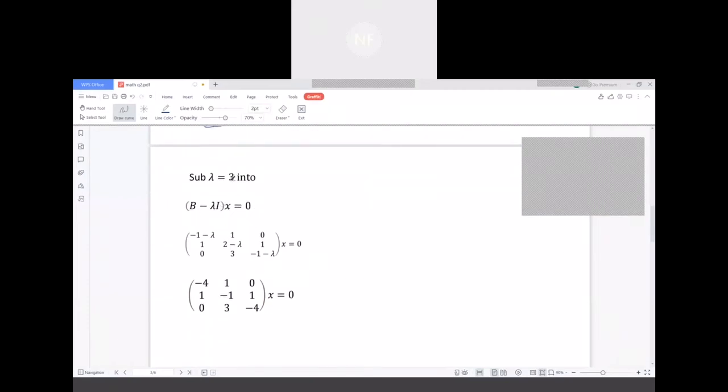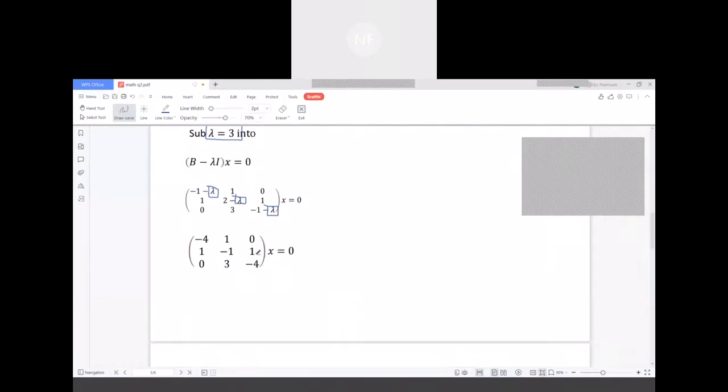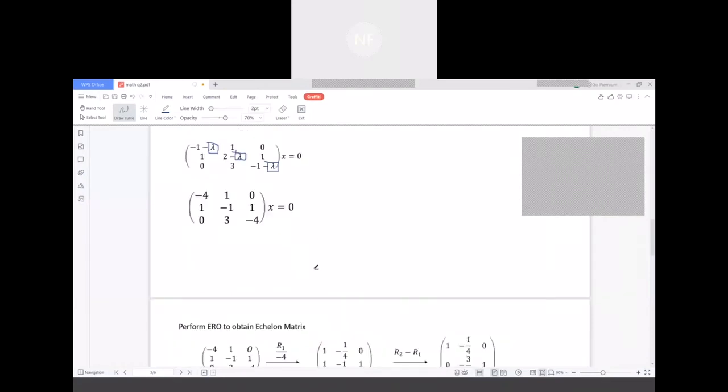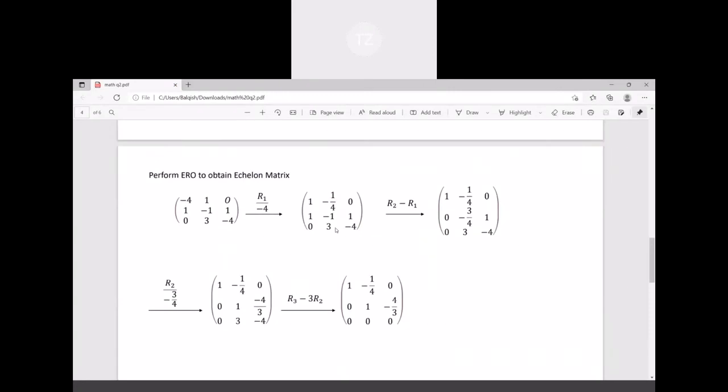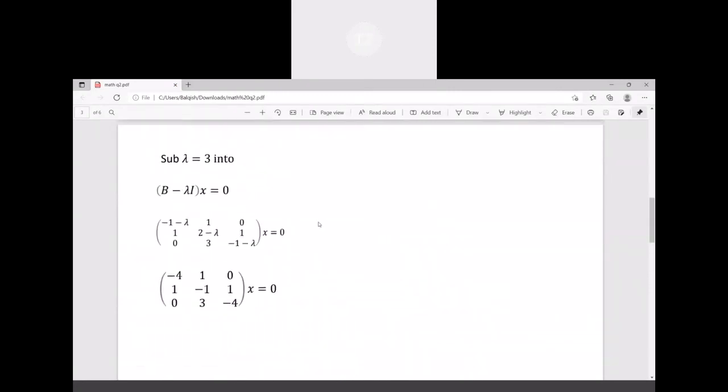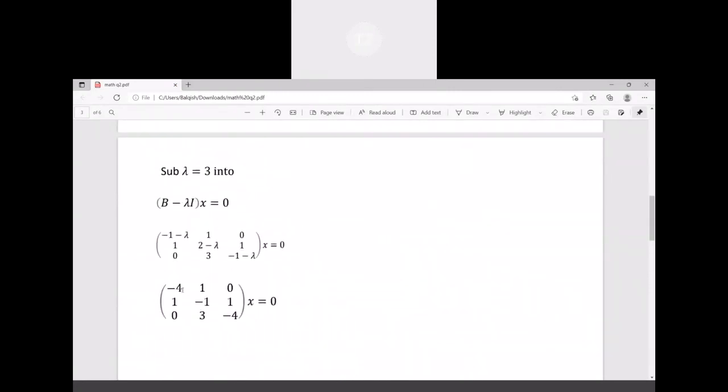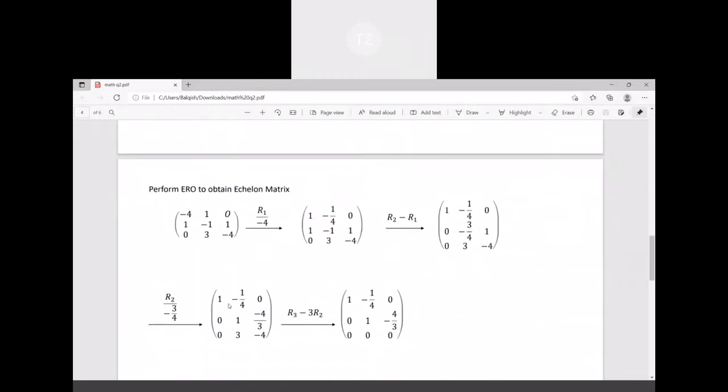And then since the lambda is 3, we have to substitute 3 in this lambda, and then we will get -4, 1, 0, 1, -1, 1, 0, 3, -4. And then x equal to 0. Okay, next from this matrix B minus lambda identity, we have to perform row operations to obtain an echelon matrix.